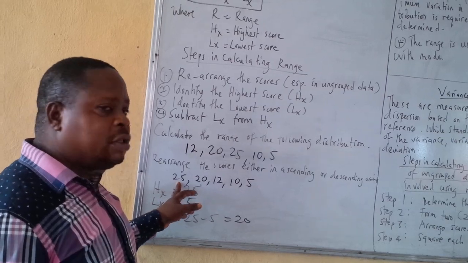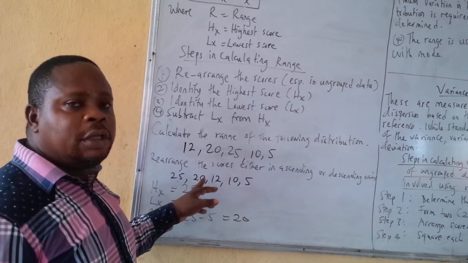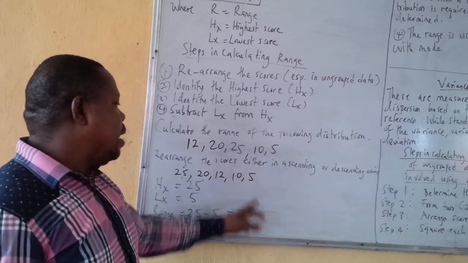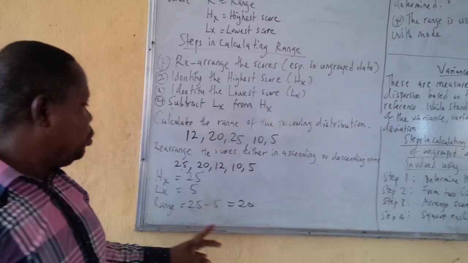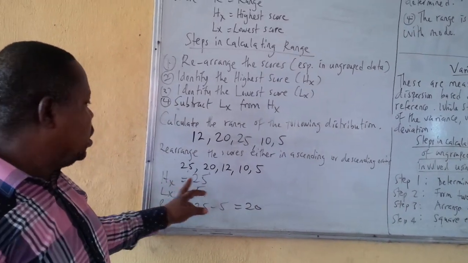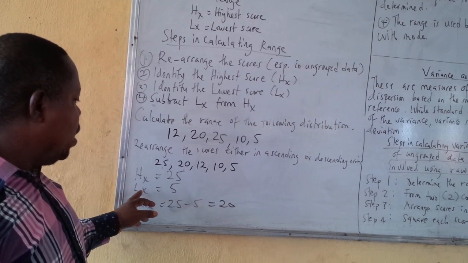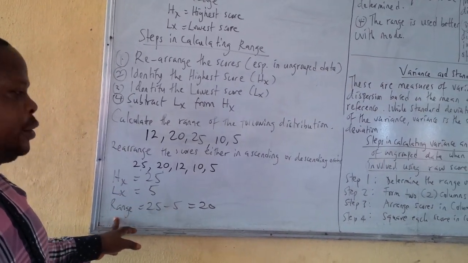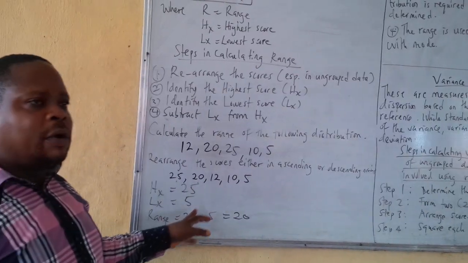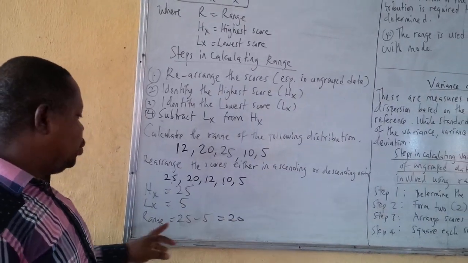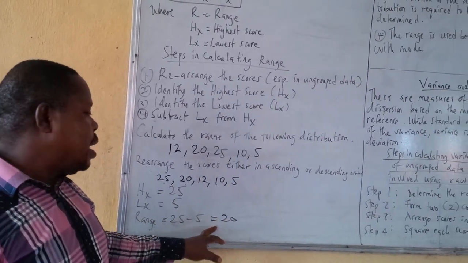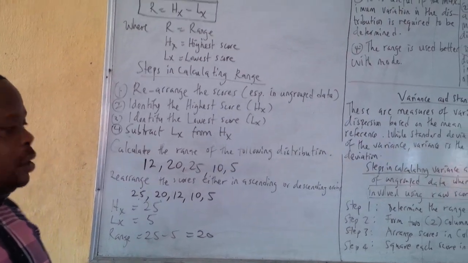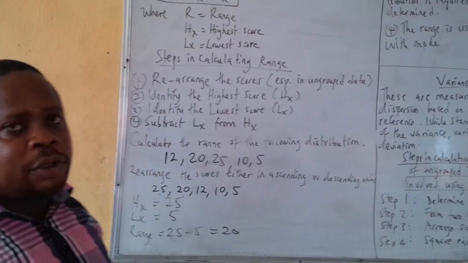The highest score here is 25, followed by 20, 12, 10, and 5. And so in this distribution, the highest score, HS, is 25, while the lowest score, LS, is 5. Therefore the range, which is the highest score minus the lowest score, is 25 minus 5. Therefore the range is 20.